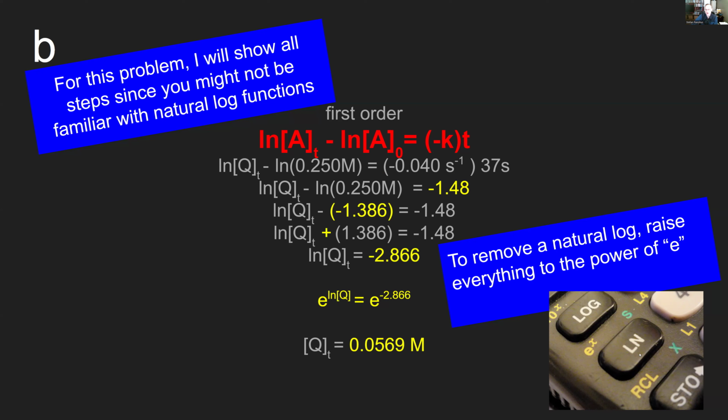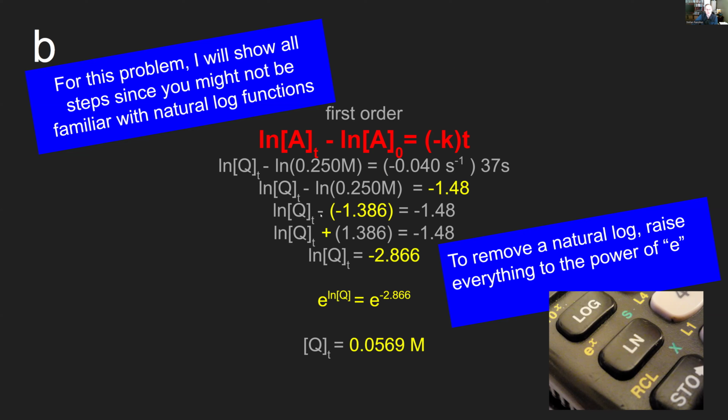If you have a TI variety graphing calculator, in the bottom corner I showed a picture of the natural log button that you would need. You hit the natural log button, then 0.250, and you would get minus 1.386. That's what changed from the third row down to the fourth row.